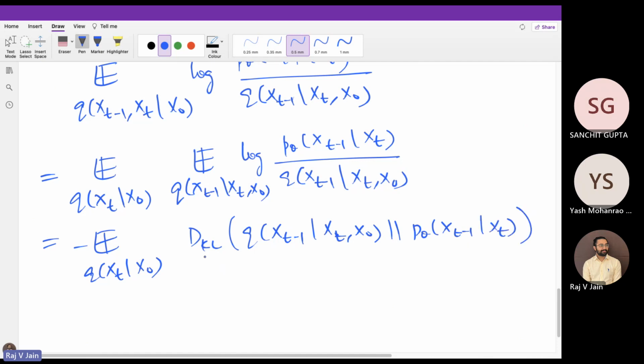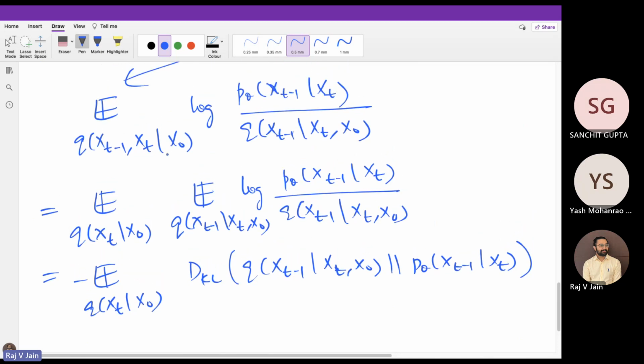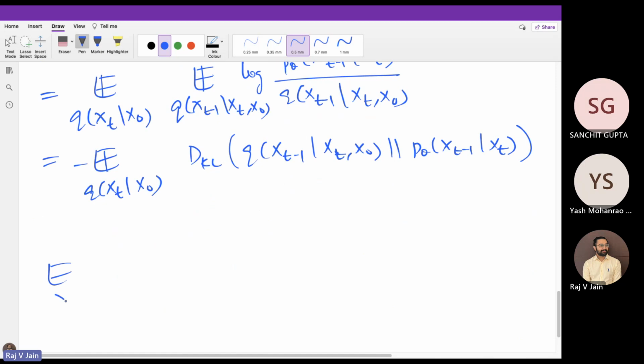Right? This is exactly where we came, but now what all things do we need to sample? So from where did this q of xt given x naught come? This distribution, no? So again, same thought process. Think about it. Expectation of X can be seen as expectation over, let's say, Y, of expectation of X given Y.